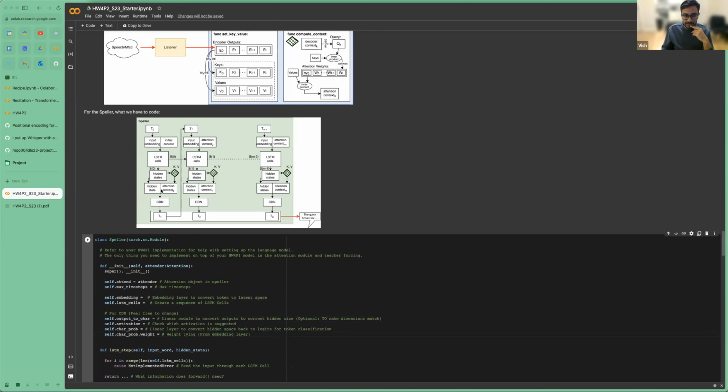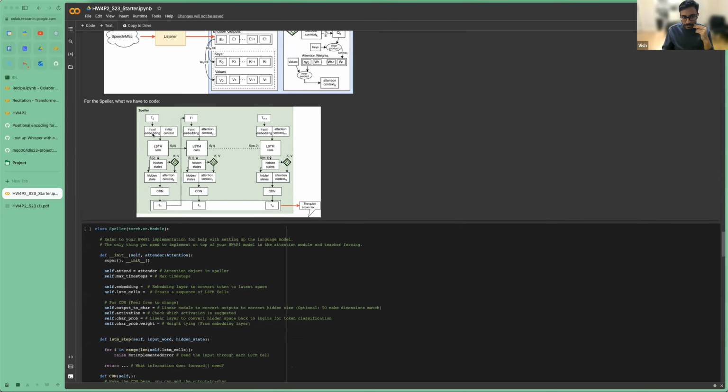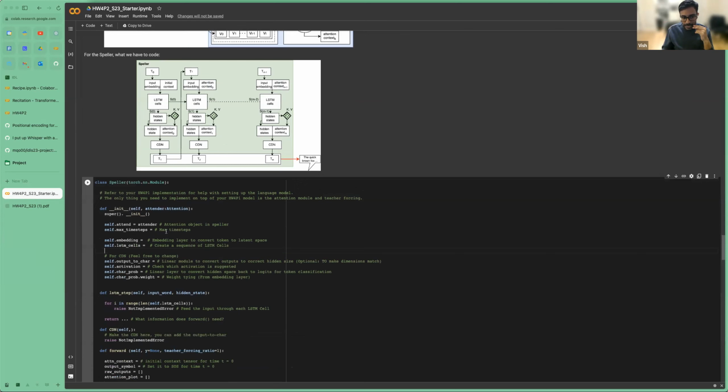But as you can see from this diagram, the output of your LSTM cell, the hidden state, and the attention context are concatenated together, and then passed to your CDN. The embedding layer goes from vocab size to embedding size, but now you have a vector of hidden state plus attention context size.